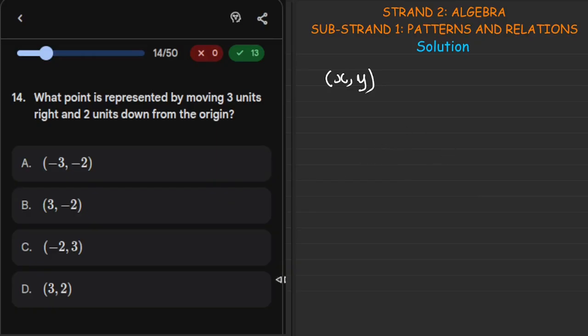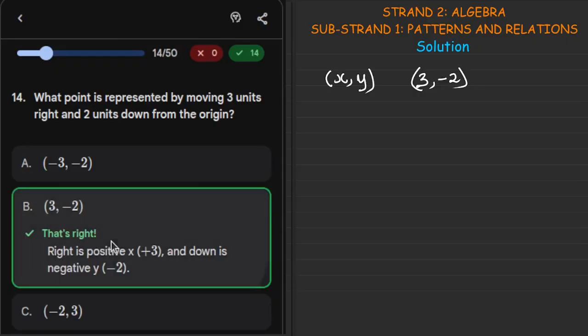Then the y has to do with you moving on the vertical axis. Hence, if we have x, comma, y, and then we are moving 3 units to the right, that simply means positive. So we have our 3, then comma, 2 units down. Down means negative. So negative 2. So this is the coordinates they are talking about, 3, negative 2. And 3, negative 2 is simply what? B.